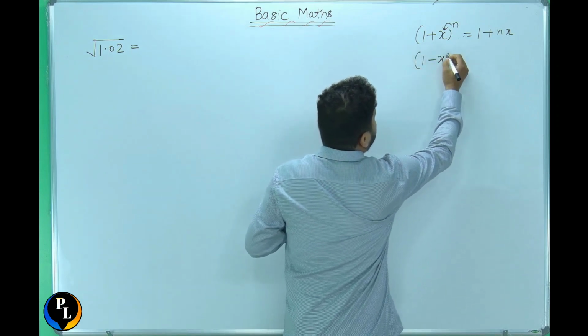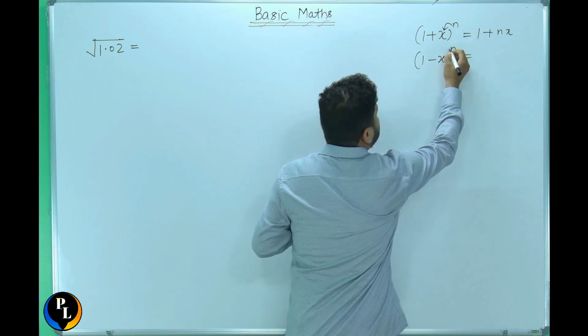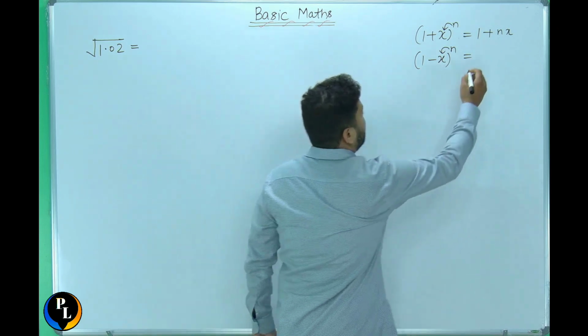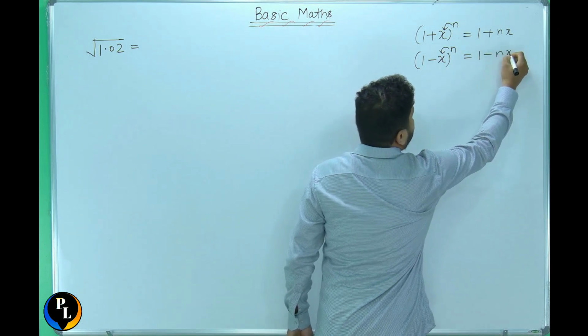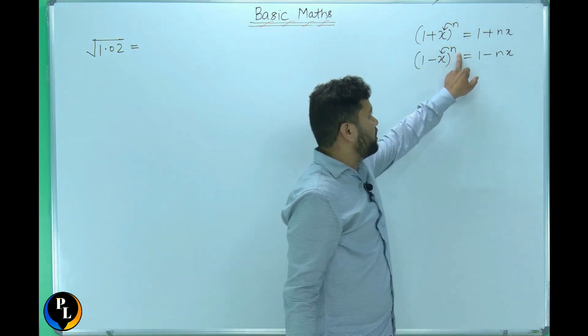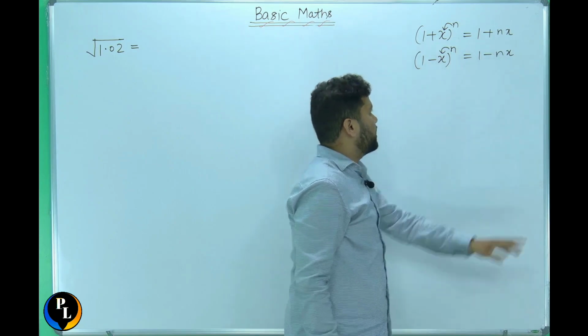Suppose (1 minus x) power n is there. Similarly, the same power n will multiply with x, so n into minus x becomes minus nx. So (1 minus x) power n is 1 minus nx.